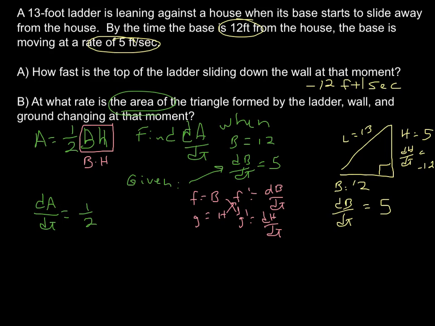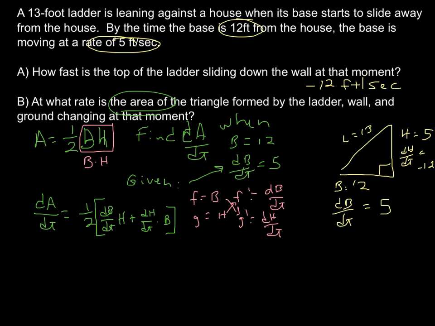So we're going to have 1/2, and I'm going to keep that constant outside for now, and derivative of the first times the second plus derivative of the second times the first. And remember, it doesn't matter what order you do those in because it's plus. If you want to clean it up and distribute the 1/2, you can, but there's no need to.